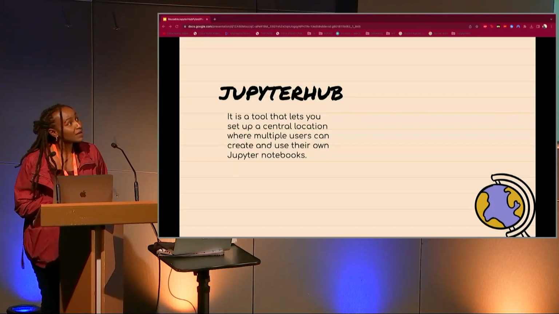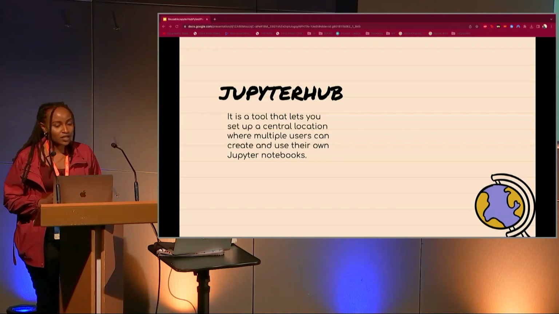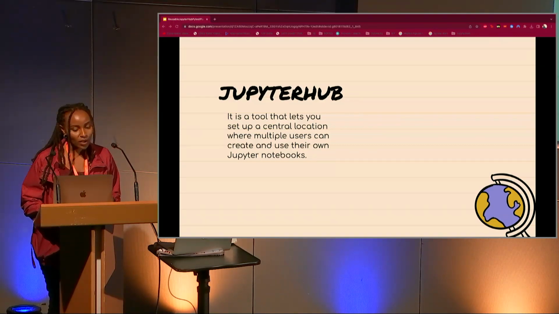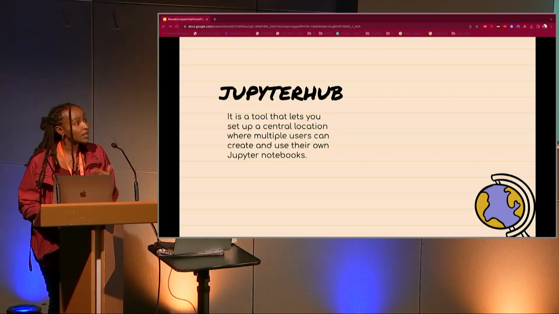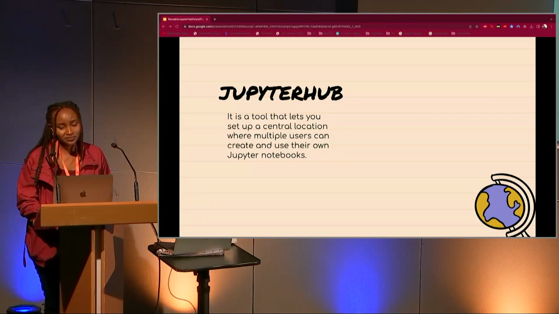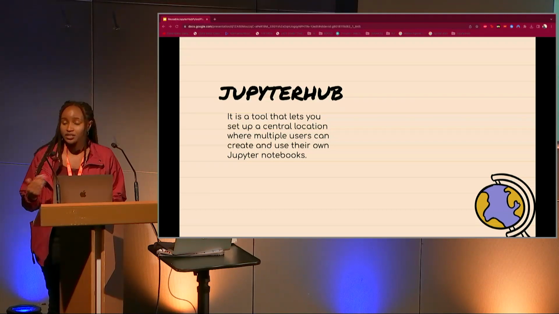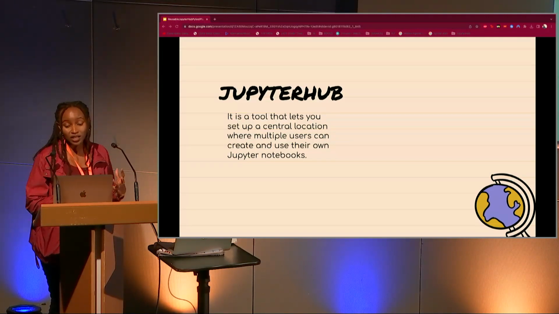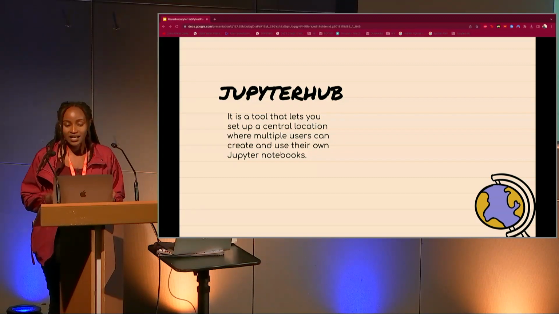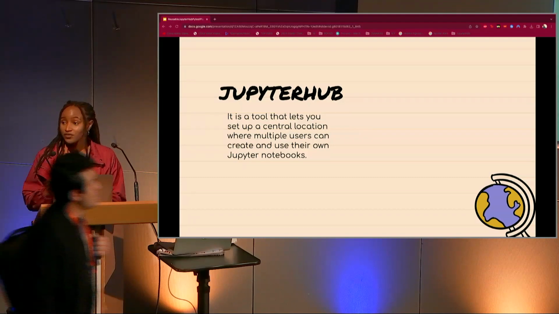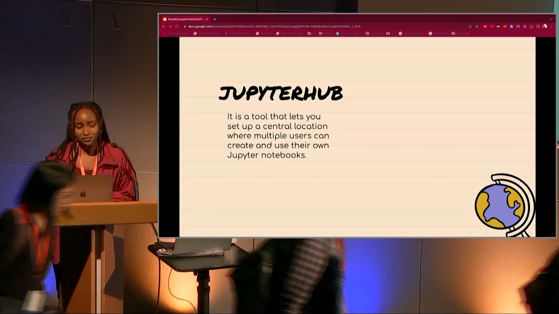But first, let me introduce JupyterHub. JupyterHub is a tool that lets you set up a central location where multiple users can create and use their own Jupyter notebooks. It allows you to move Jupyter notebooks seamlessly onto different computational systems, such as cloud-based platforms, Kubernetes clusters, and Docker containers without worrying much about compatibility issues or transferring files manually.